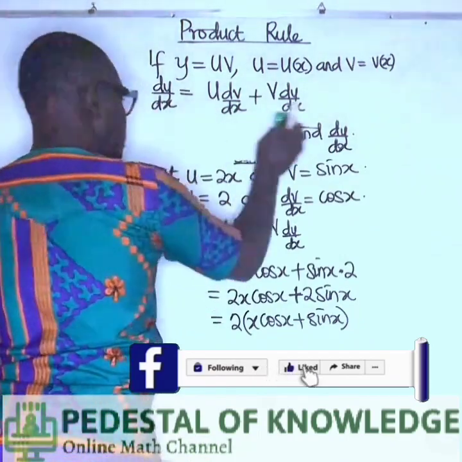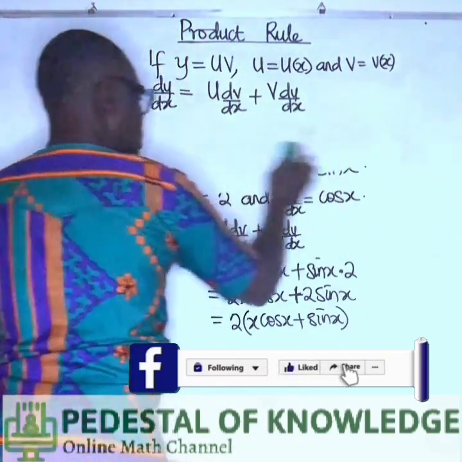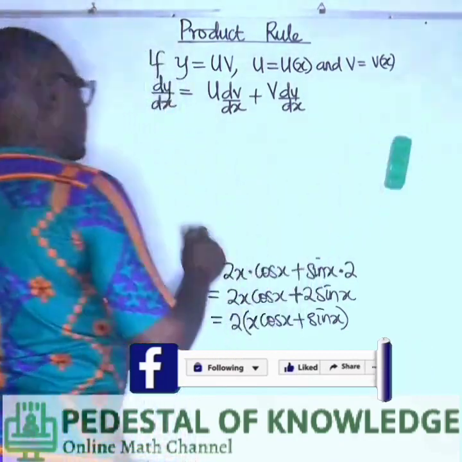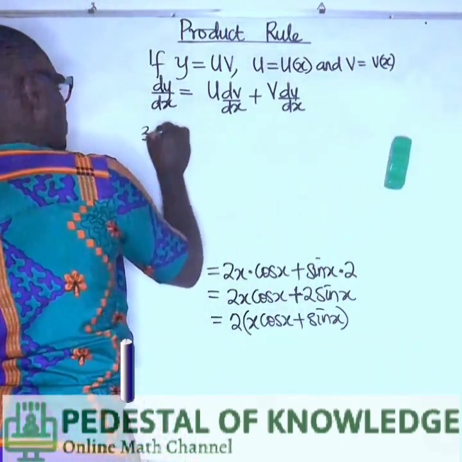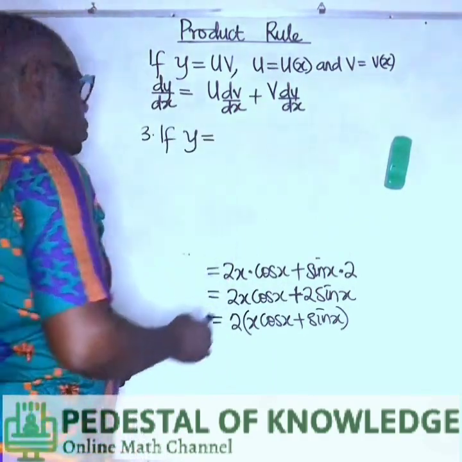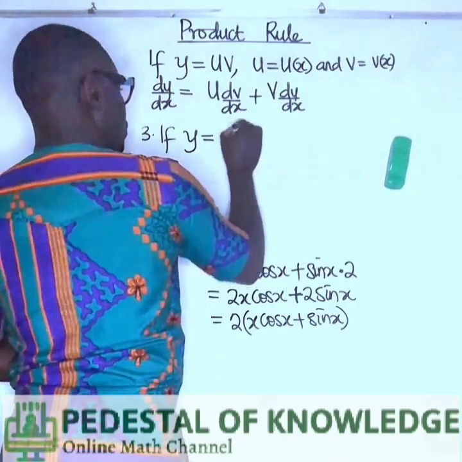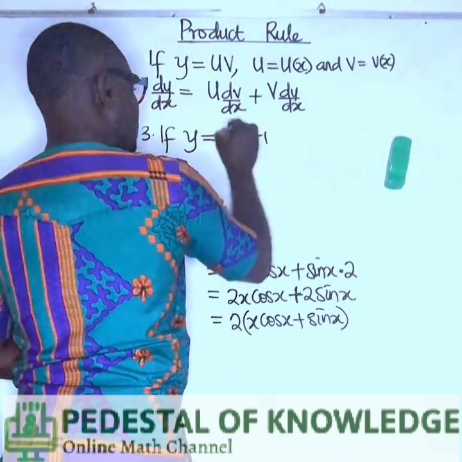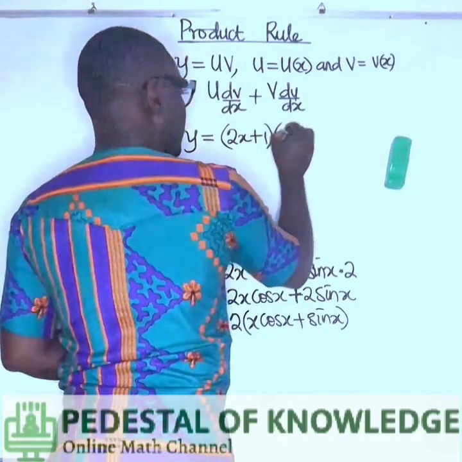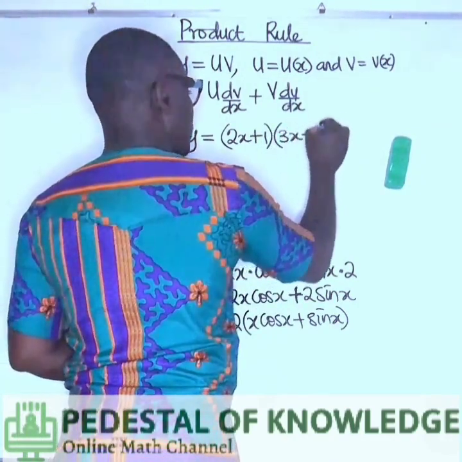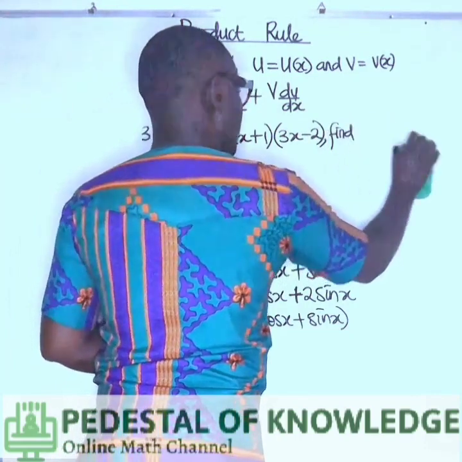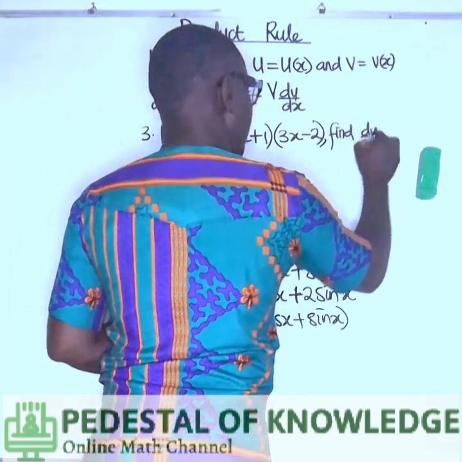Question number 3 says that if y is equal to, let's say, 2x plus 1 multiplied by 3x minus 2, find dy/dx.